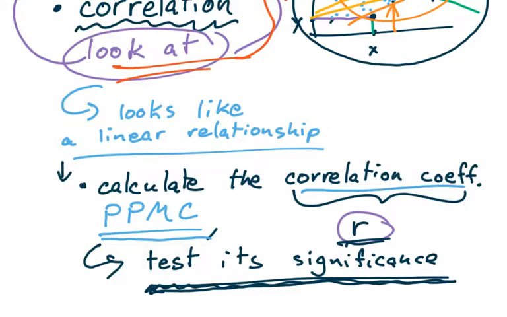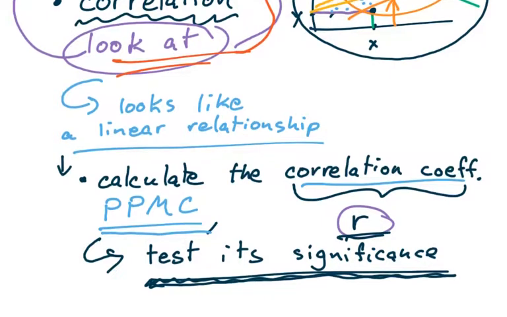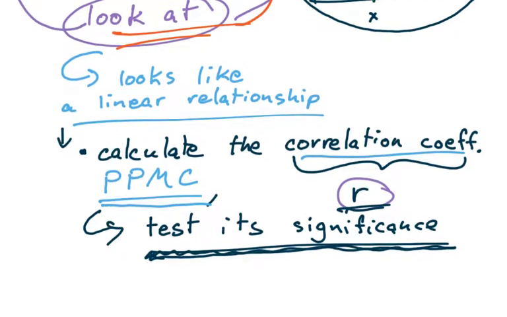So what we ultimately have to do is perform a hypothesis test. Here we're going to be testing the significance of R and making a hypothesis about the population correlation coefficient, also known as rho. So we're going to do step 2 out of those 3 steps.